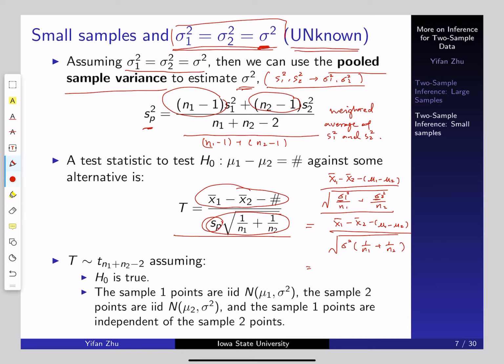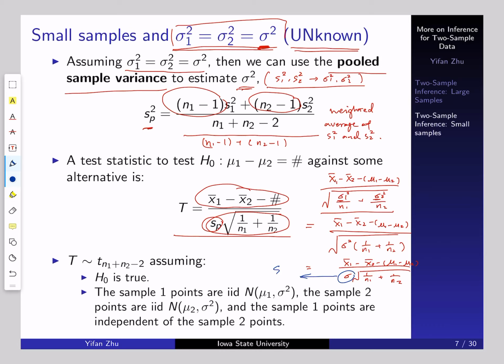And this is nothing but the problem is that sigma is unknown here.